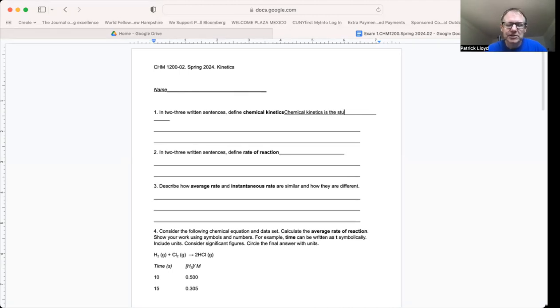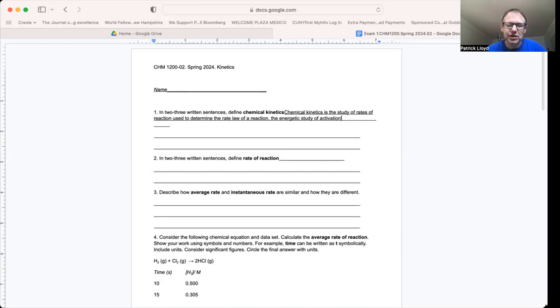is the study of rates of reaction used to determine the rate law of a reaction or reactions, the energetic study of activation energy, and the mechanisms of chemical reactions.